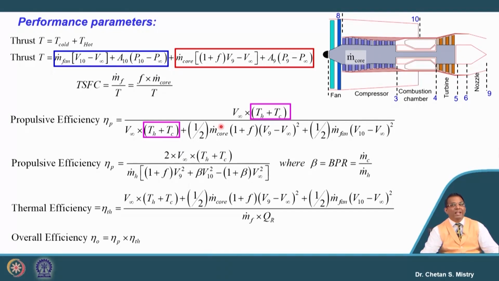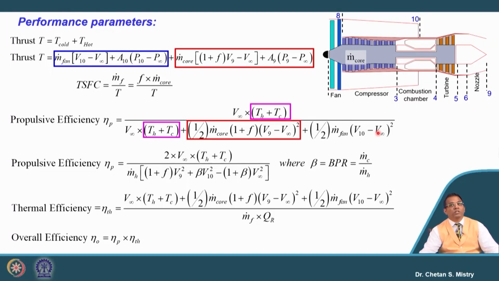Now, the exit kinetic energy for this configuration is given by m dot core (1 plus f) (V9 minus V infinity) squared. This is what is from our core engine, and m dot fan into (V10 minus V infinity) squared is for our fan nozzle.